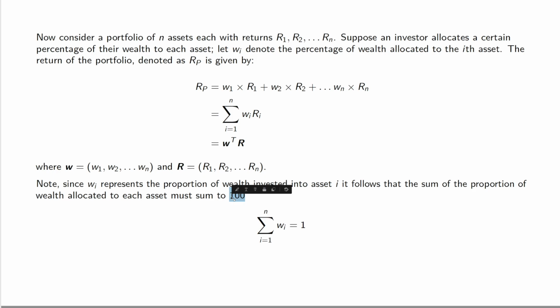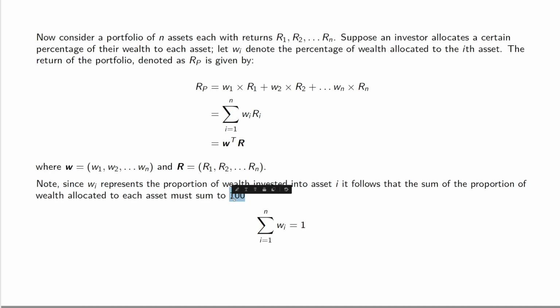When we were discussing before how you can invest 80% in stock 1 and 20% in stock 2, it's important that they sum to 100%. You obviously couldn't invest 80% in stock 1 and 40% of your wealth in stock 2, because that would equate to something like 120% of your wealth. You can't invest more wealth than you already have.